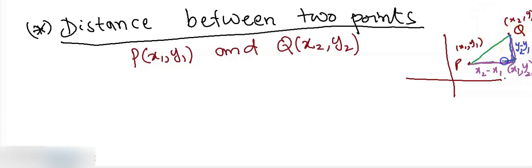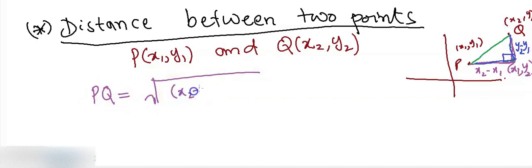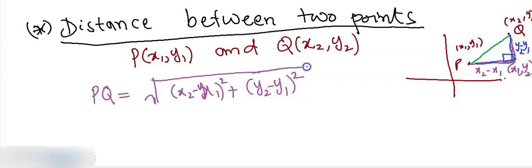Using the Pythagorean theorem, as this is indeed a right angle, the distance between P and Q is going to be the square root of x2 minus x1 whole square plus y2 minus y1 whole square. So if I am given any 2 points, I'll just calculate the distance between them using this famous formula.